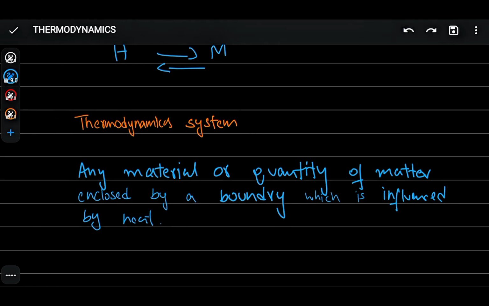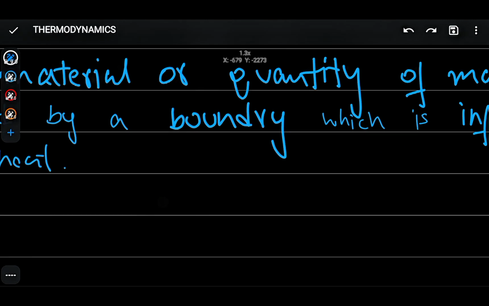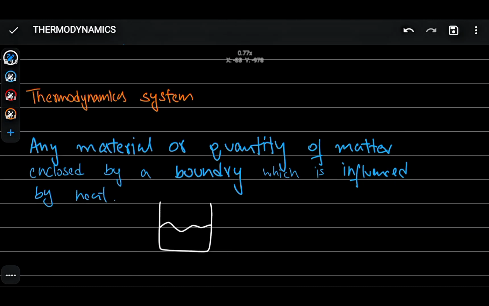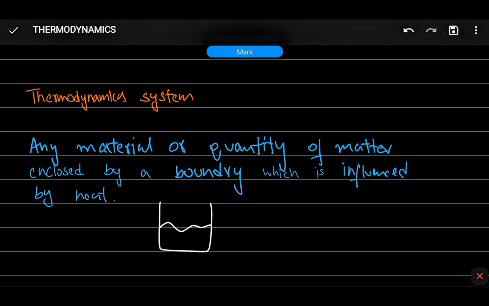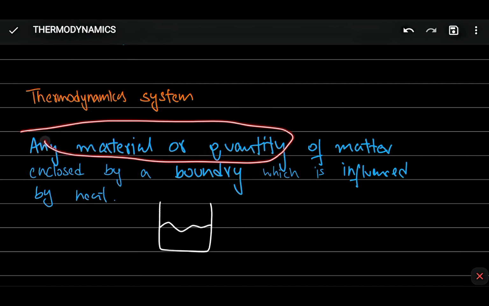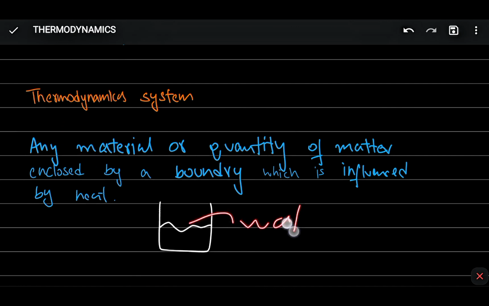Let me give an example of it. For example, we have a glass of water. As we see in the definition, any material or quantity, here water is the material we are talking about, of matter enclosed by a boundary. You can clearly see the water is enclosed by the boundary of the glass, which is influenced by heat. Now here the water can easily get influenced by heat.